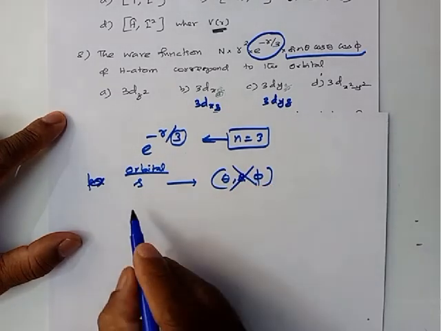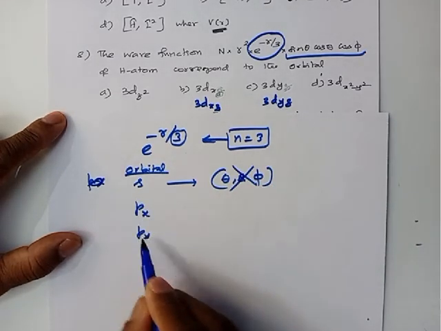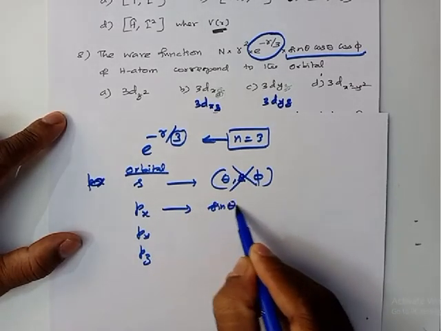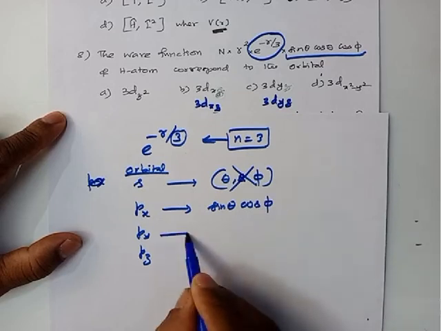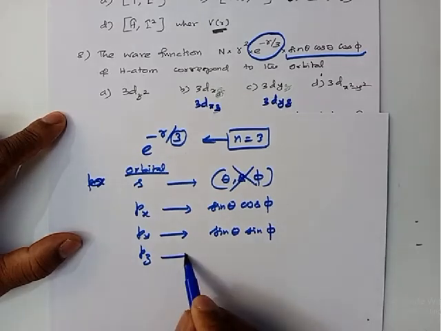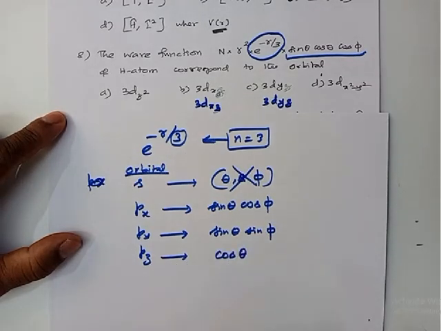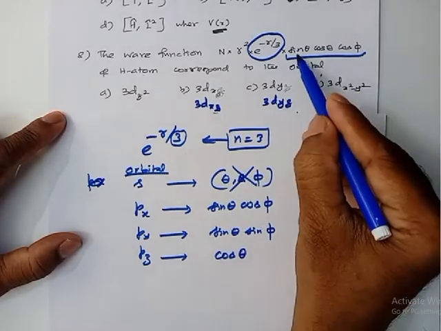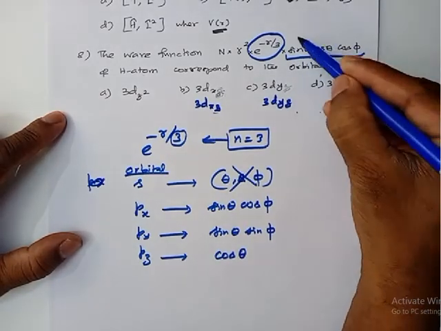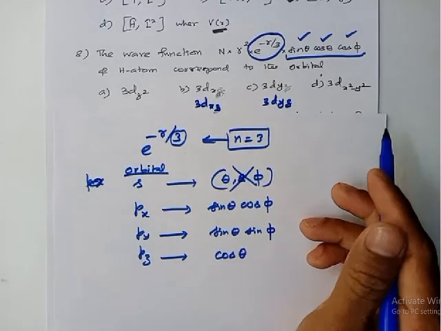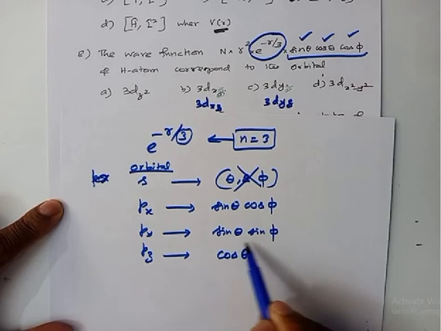For the px, py and pz orbitals: for px we should have sin theta cos phi, for py we should have sin theta sin phi, and for pz we should have cos theta. But here I don't have only 2, I have 3 angular functions: sin theta, cos phi and cos theta.